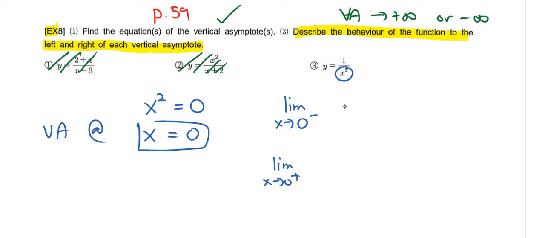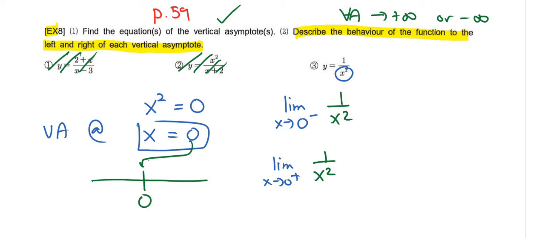And we can go ahead and just rewrite the original problem, which was 1 over x squared and 1 over x squared. And in order to evaluate these one-sided limits, you should think about a number line with 0 in the middle, and pick a number on the right hand and left hand side, so 0.1 and negative 0.1.